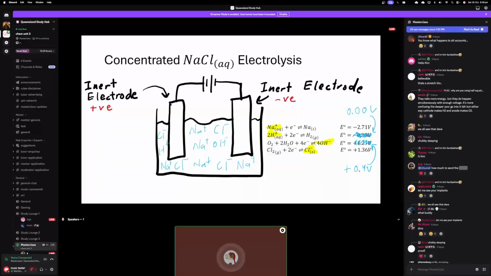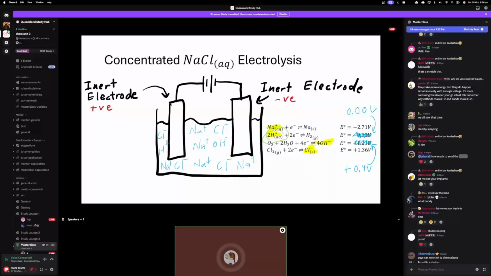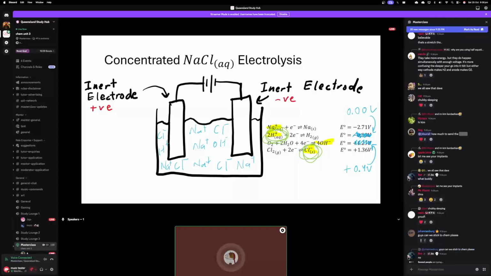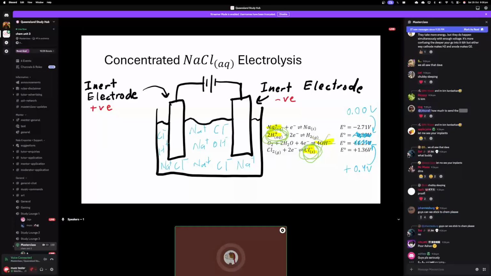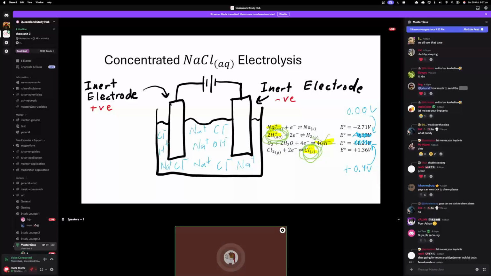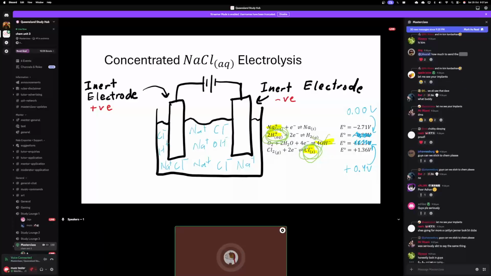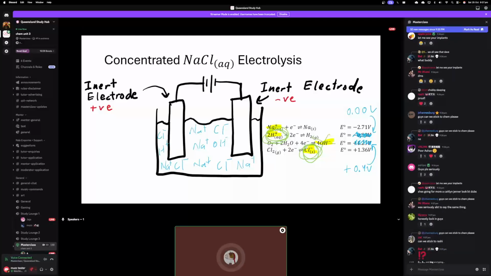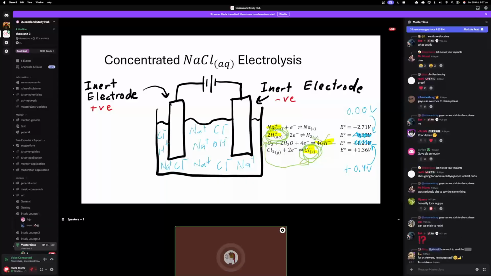In this reaction, this will still be favored, right? But the Cl- will be favored instead of the OH-. Why? Because the amount of OH- is nowhere near the amount of Cl- ions in the solution. That's really important. So instead, the reaction will only occur between 2H+ and Cl-.